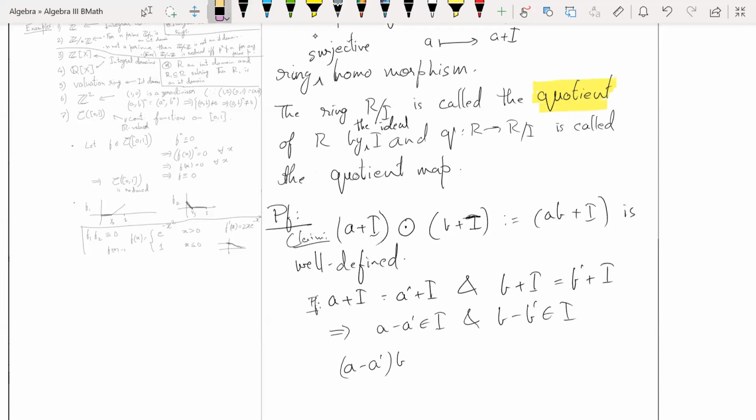So that will be AB, plus A prime times B minus B prime, belongs to I. Because this is in I, and you multiply by any element of the ring, it remains in I. This is in I, so this is in I. If you multiply any element of I with an element of the ring, it remains in I. So their sum is in I.